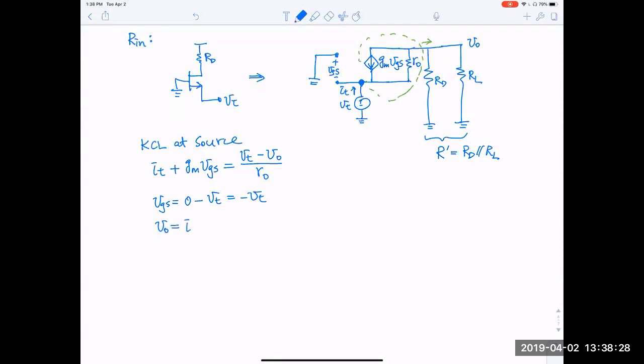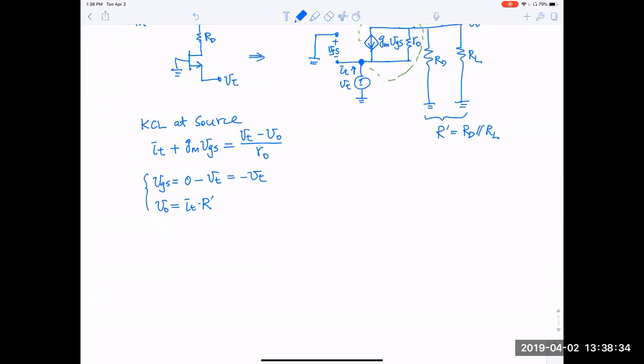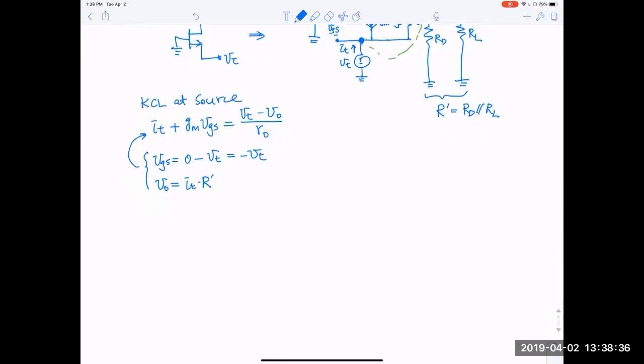So V out is simply equal to minus IT times R prime. Substituting this back into the KCL, we have IT minus GM VT, which is equal to VT divided by R0 minus V out, which is IT times R prime, times 1 over R0.